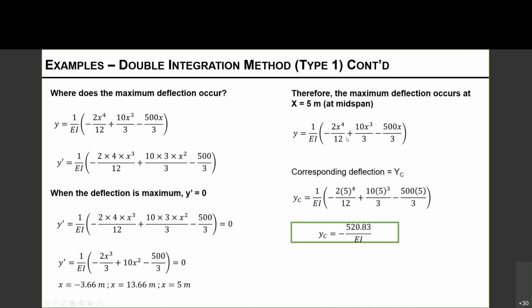So I'm assigning x equals 5 in each term. Here also I got a negative number, right? Negative means downward deflection based on the sign convention that we derived in the first place. Upward deflection is positive, downward deflection is negative, all right?